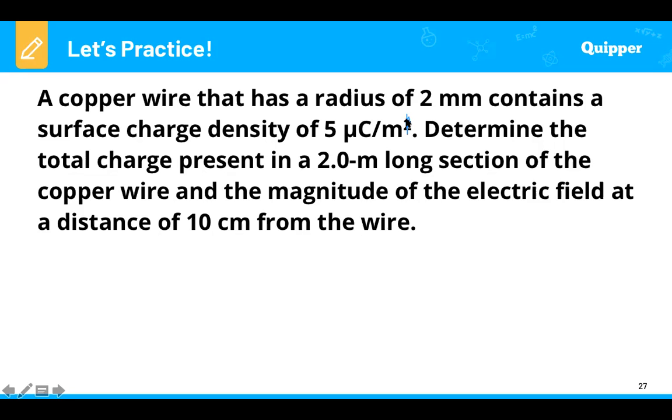Determine the total charge present in a 2-meter long section. So, hahatiin natin yung wire into 2 meters only. So, yun ang hahanapin natin. Okay? That's the limit. 2-meter long section of the copper wire and the magnitude of the electric field at a distance of 10 centimeters from the wire.